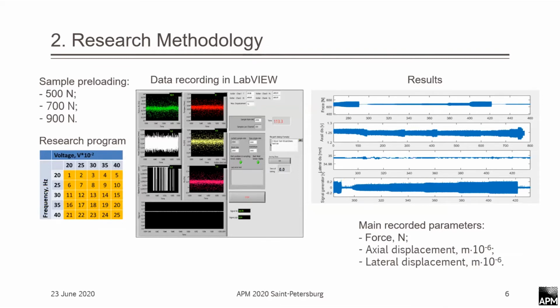And by changing the frequency and voltage of current, we can create some vibrations. Also, we record all data that we got from sensors by a specially written program in LabVIEW, and after that we got results and process them in MATLAB.